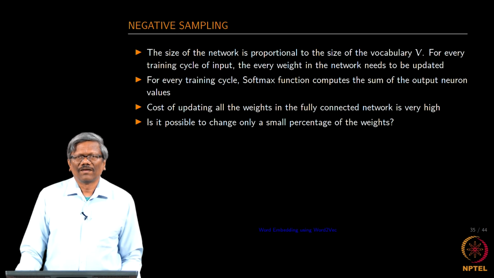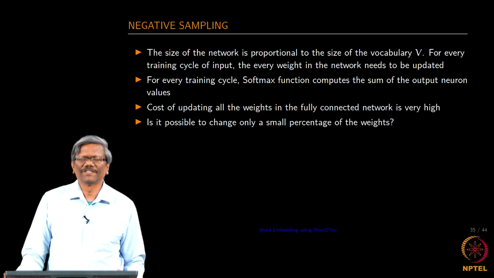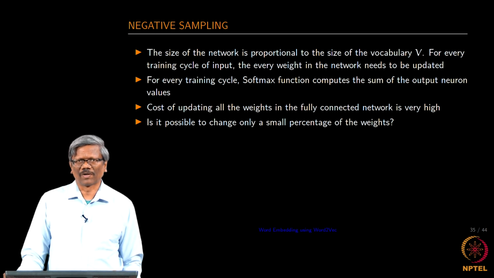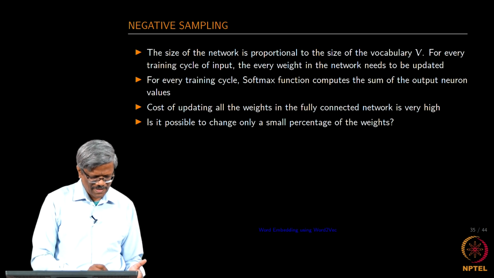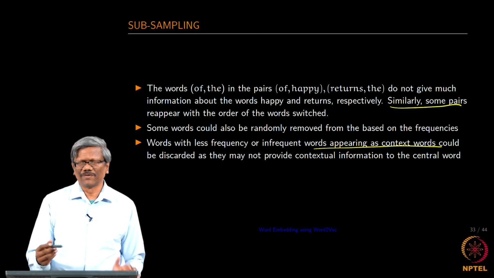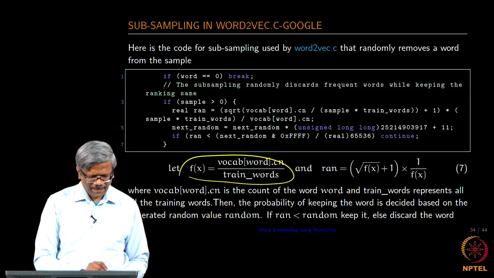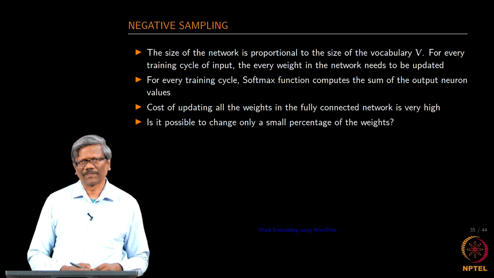So, we need to be able to reduce the number of operations in the entire back propagation model. Those are the ideas which we are now using to reduce the computation. Subsampling is one. The second one is negative sampling.